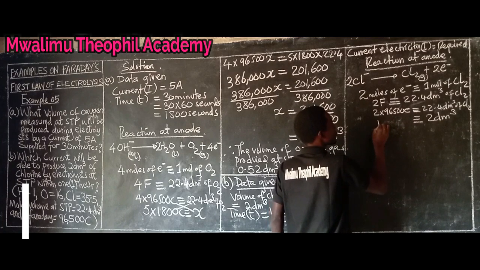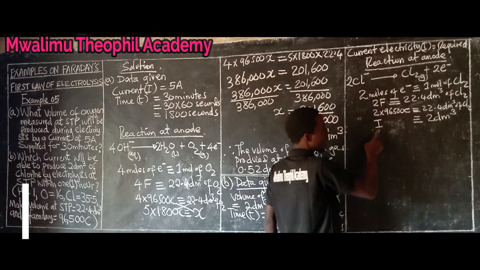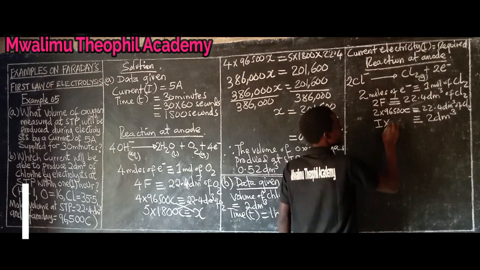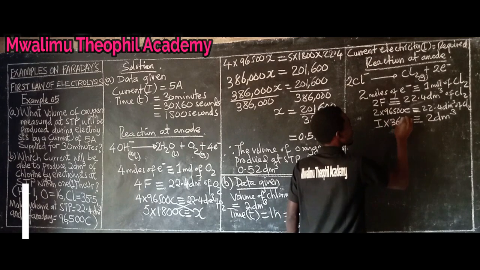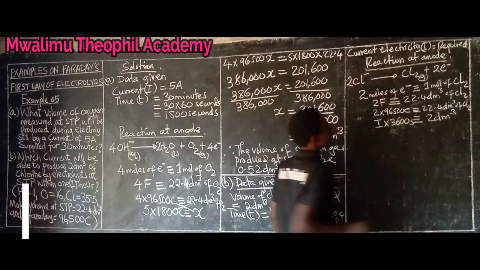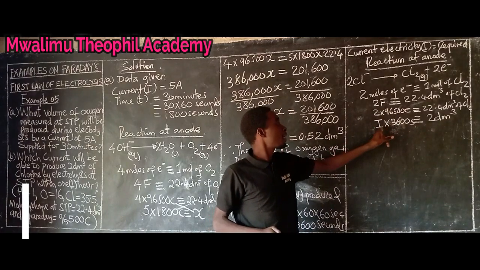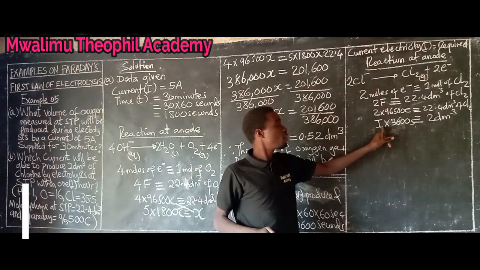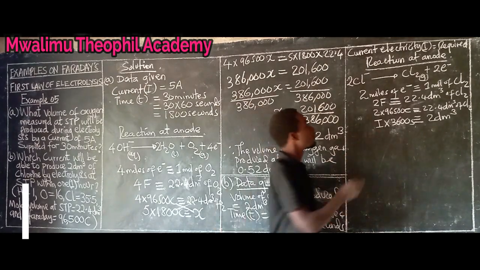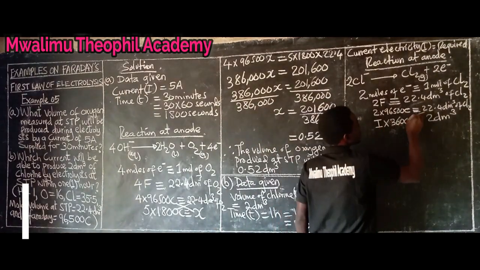The current is not known; it is what we are looking for. It is I times 3,600 seconds. So we will be able to find the value of I, the current. To get it, let us cross multiply.